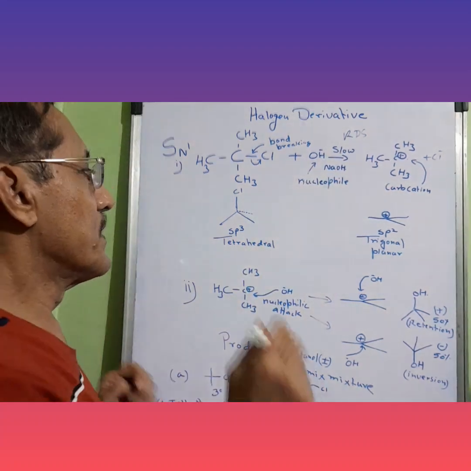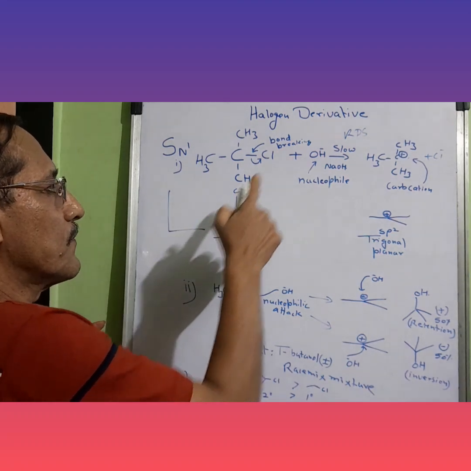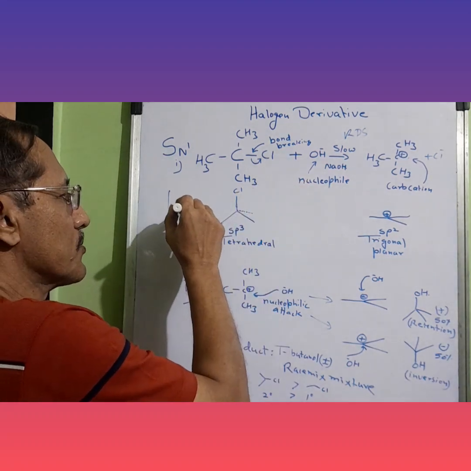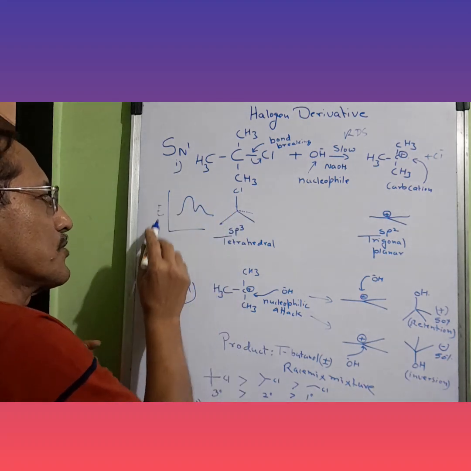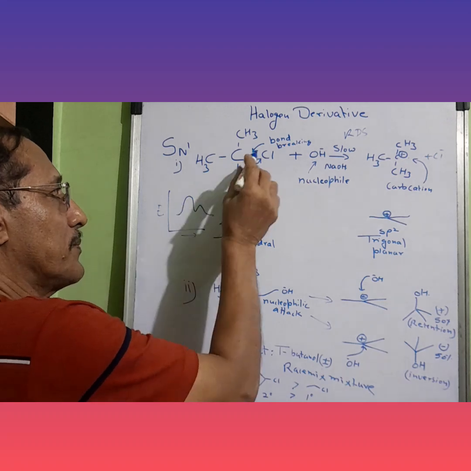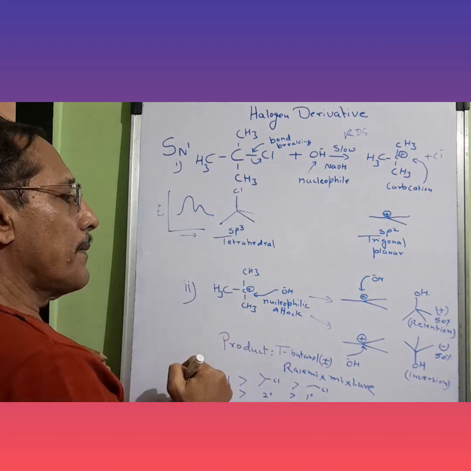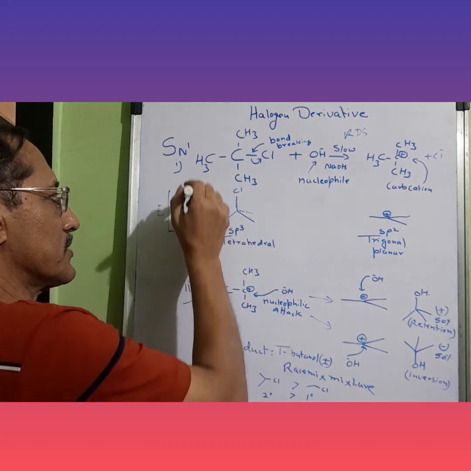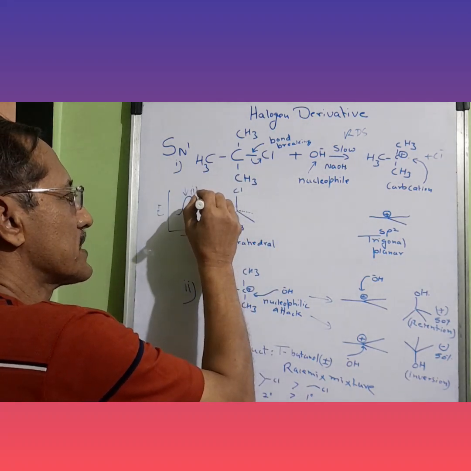Then when we draw the energy profile, it is in 2 steps, so it would be something like this. Assume this to be energy and this to be the reaction coordinate. We find that breaking requires more energy than making. This is making, this is breaking. So this is for step 1 and this is for step 2.